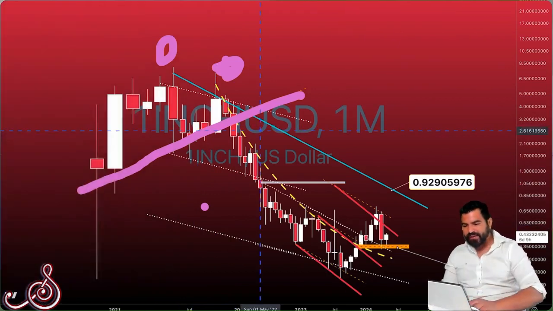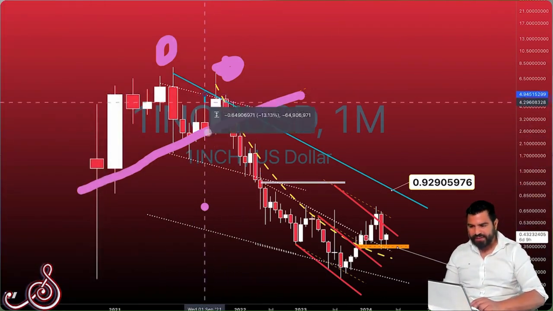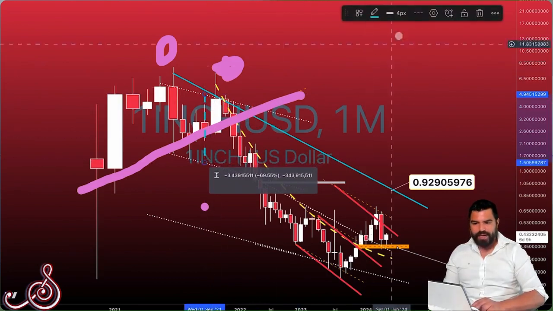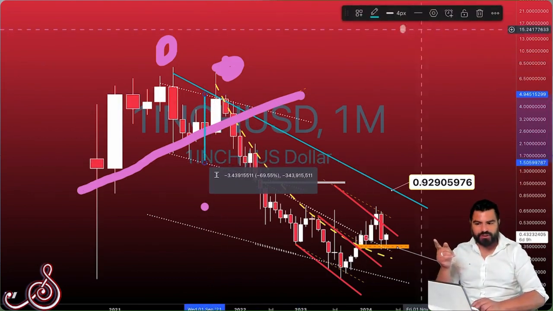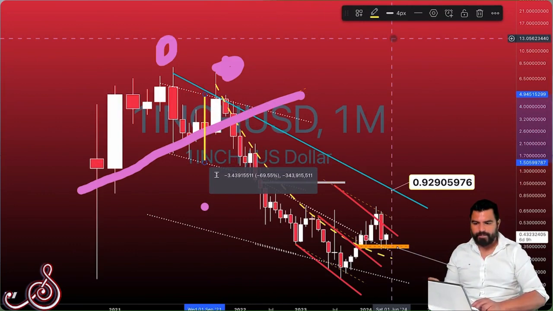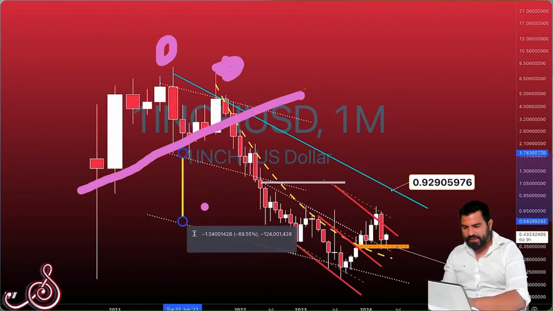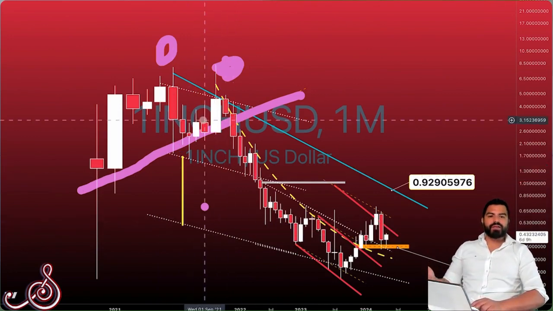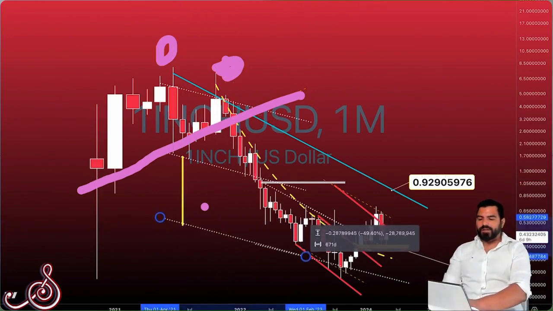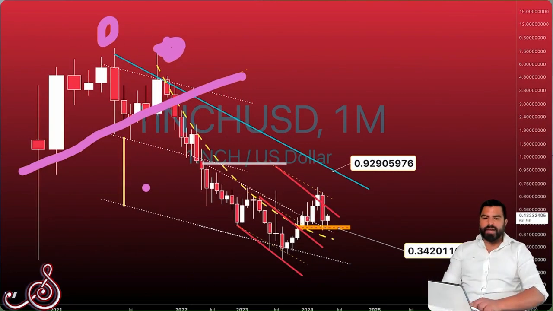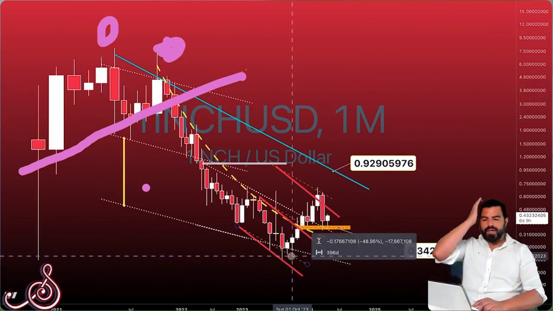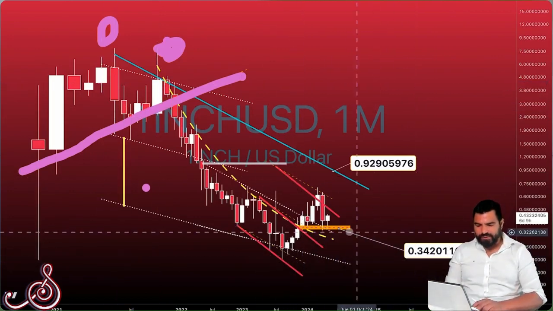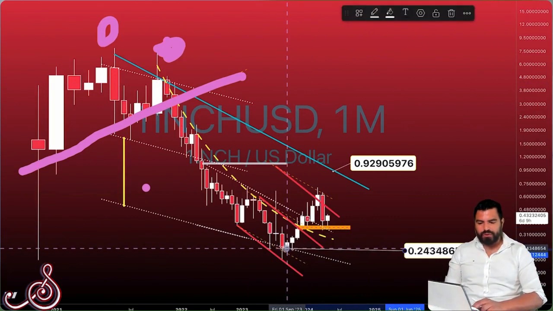If I'm being exact, I'm just drawing a line, making sure dash is not on, but straight. Then I take that angle and duplicate it back. It's going to show me approximately where the bottom should be. I just follow that angle along, and I know where the bottom should be. In this case, we hit the bottom almost exactly at 24 cents.